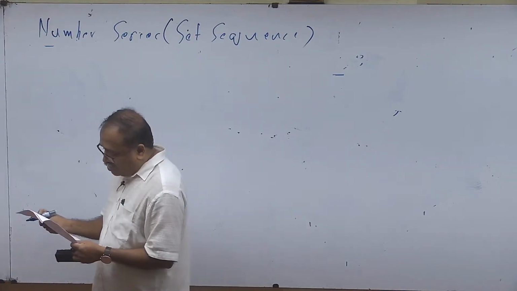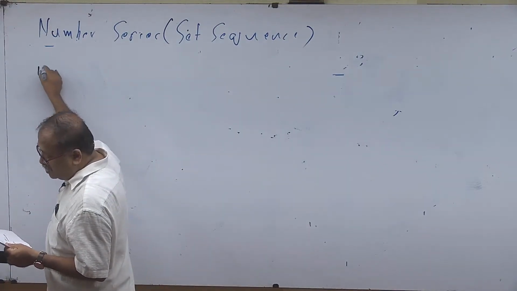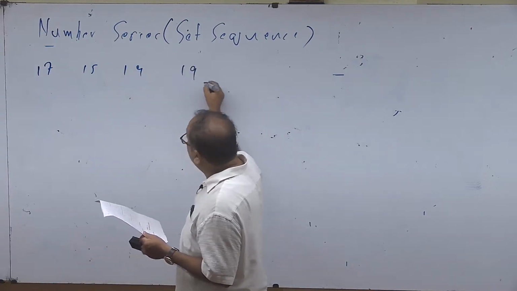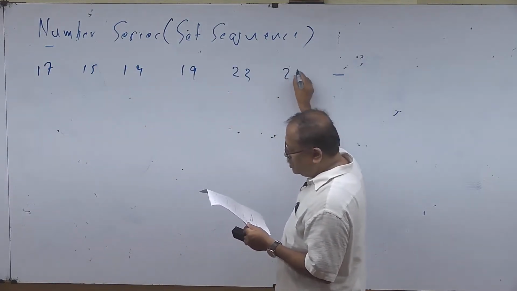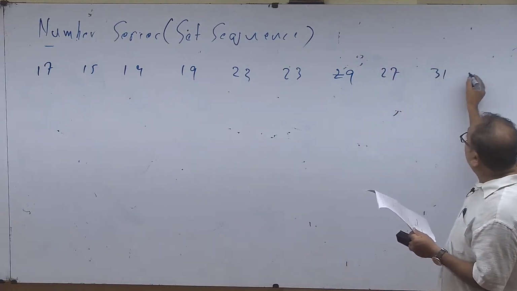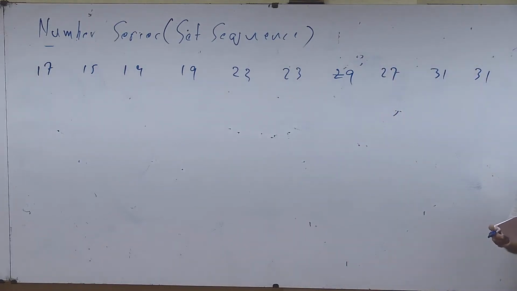Now set sequence. Here it is 17, 15, 19, 19, 23, 23, 29, 27, 31, 31. What should come? The next two numbers.